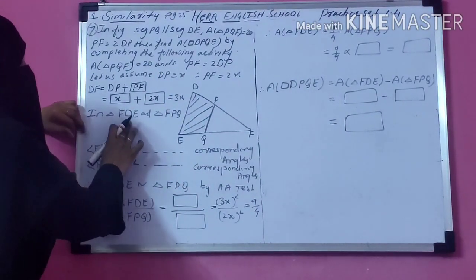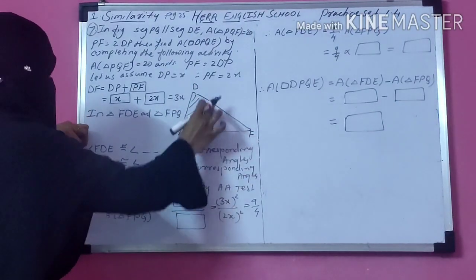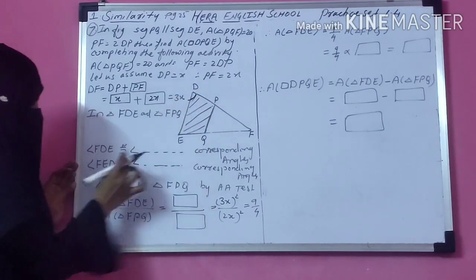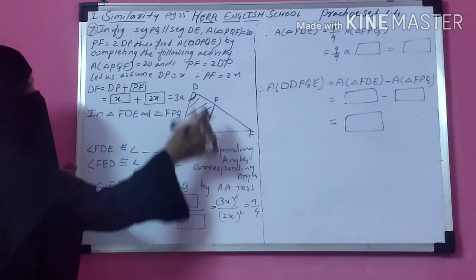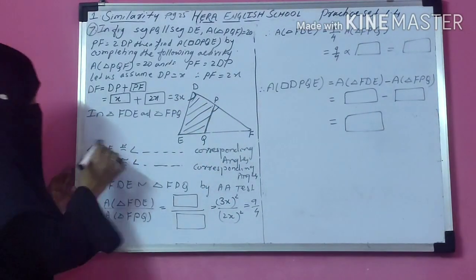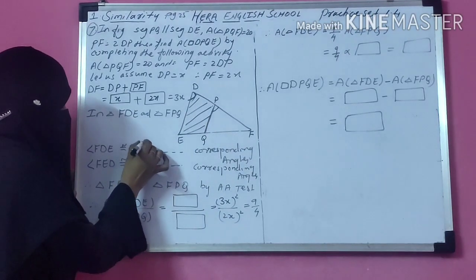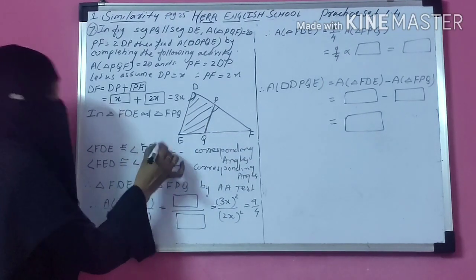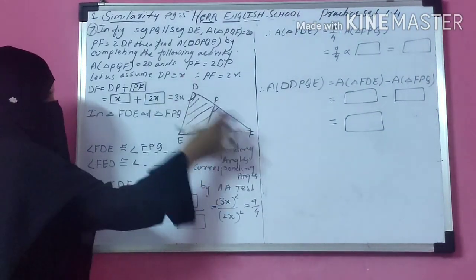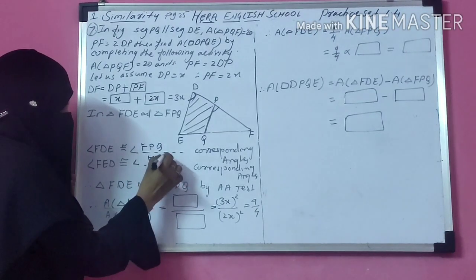Now in triangle FDE and triangle FPQ, angle FDE is congruent to the corresponding angle FPQ. So angle D corresponds to angle P. Similarly, angle FED corresponds to angle FQP.